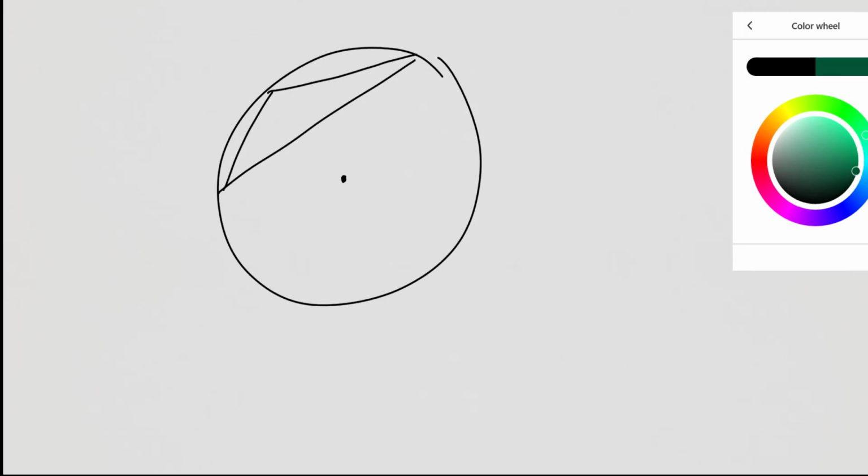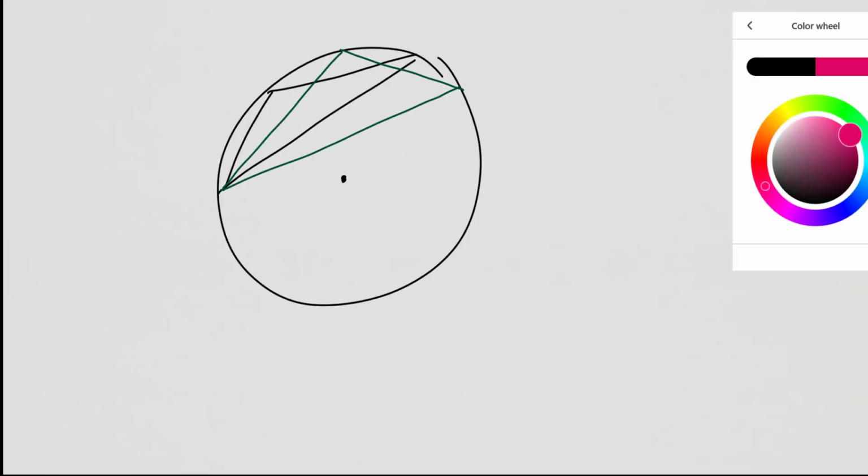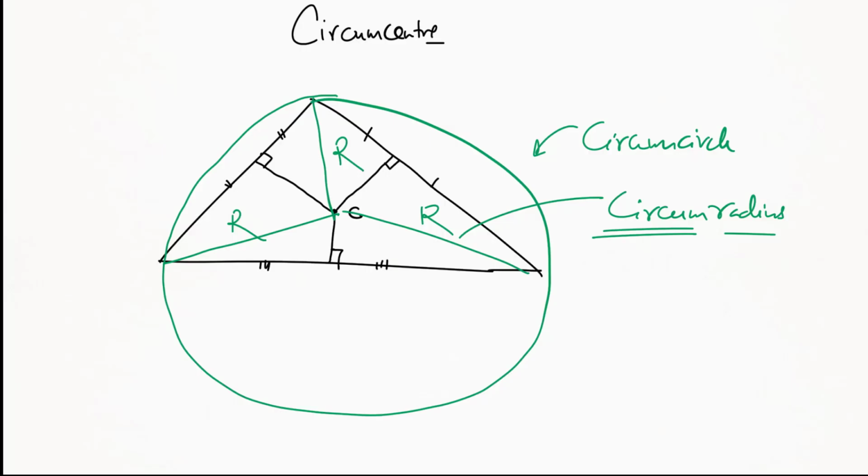You can have so many triangles where the circumcenter is the same for all these triangles. Like you can draw one more, maybe this one here. You got the point, right? Here it is obtuse, more than 90 degrees, so this is outside the triangle. Here this was inside the triangle, right? Within the triangle.